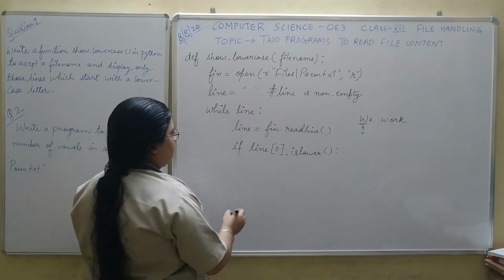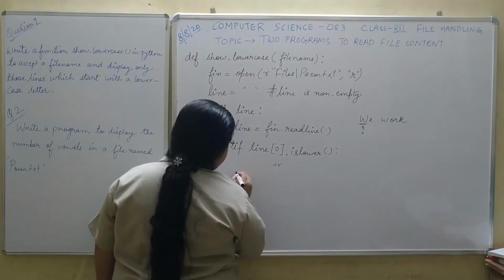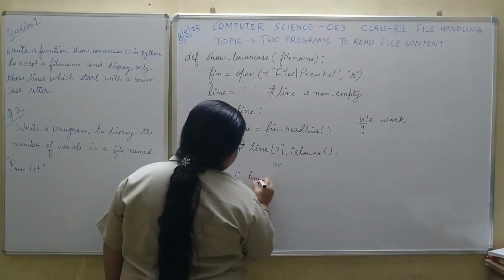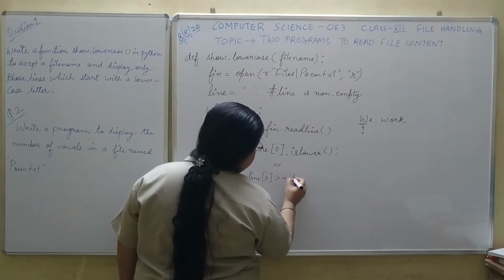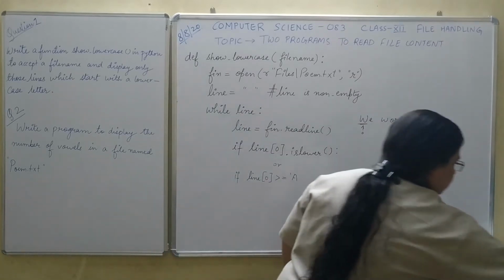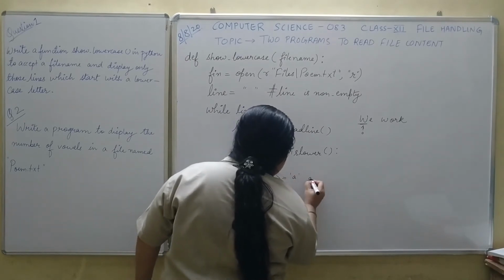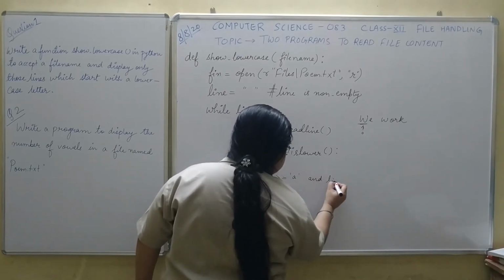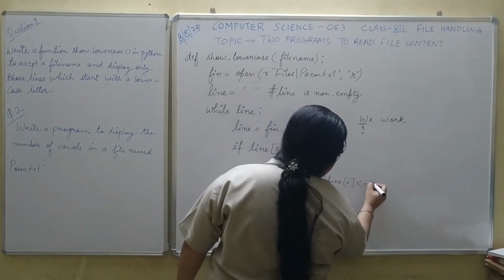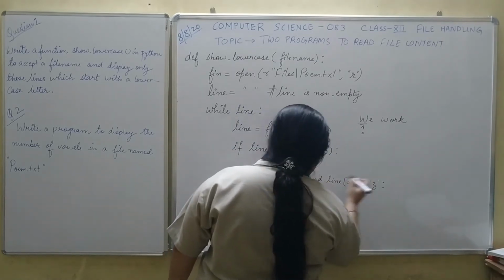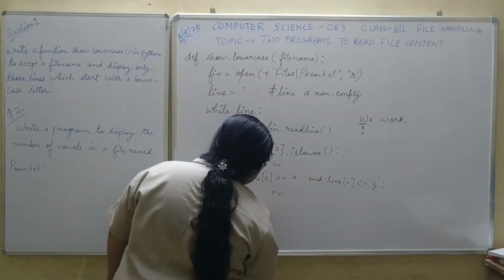Alternatively, you can also write if line[0] is greater than or equal to small a, and line[0] is less than or equal to small z, or you can also shrink it in Python form.